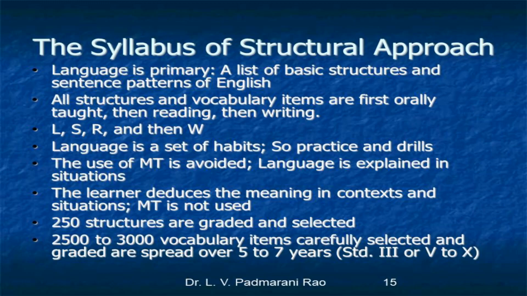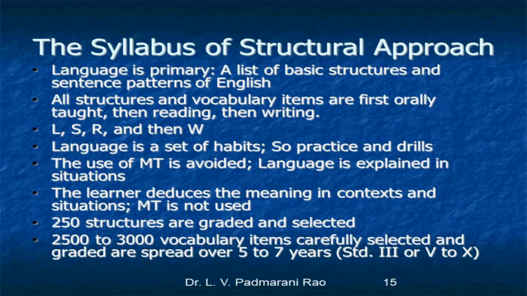The syllabus believes in introducing 250 basic structures which are carefully selected and graded, followed by 2,500 to 3,000 vocabulary items, which are again carefully selected and graded, spread across 5 to 7 years of study of English, maybe 3rd standard to 10th standard or 5th standard to 10th standard.